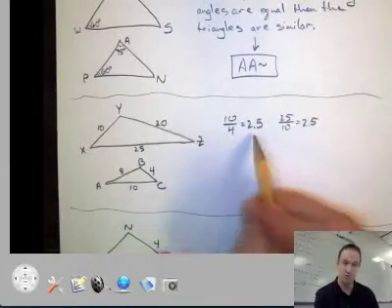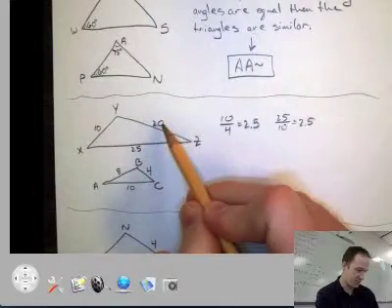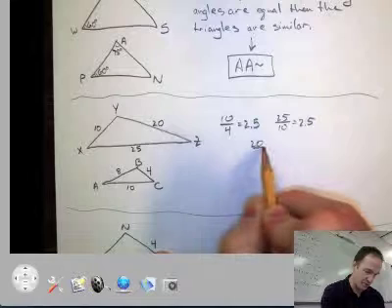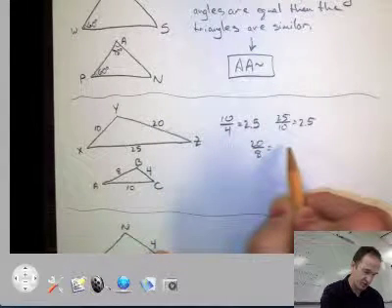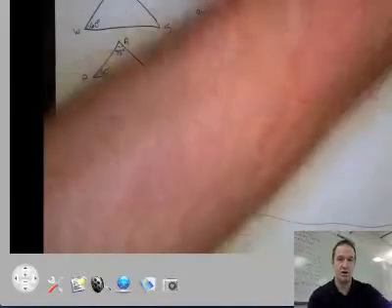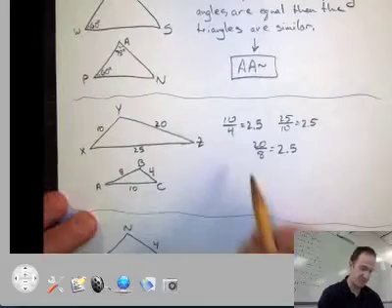Oh, same ratio. That's a good thing. The middle one here would be 20, and the middle one here is 8. So 20 over 8 is also 2.5. So all three of those side ratios are the same. That means these triangles have to be similar.